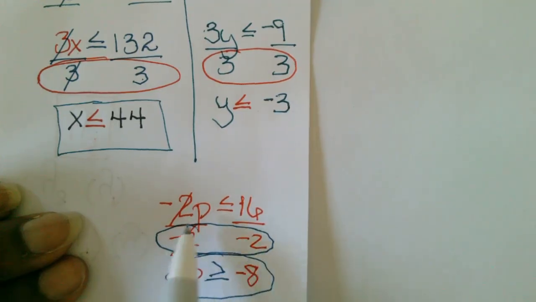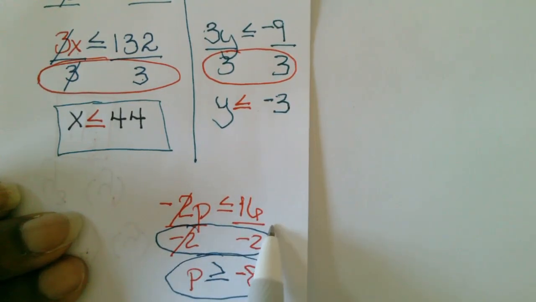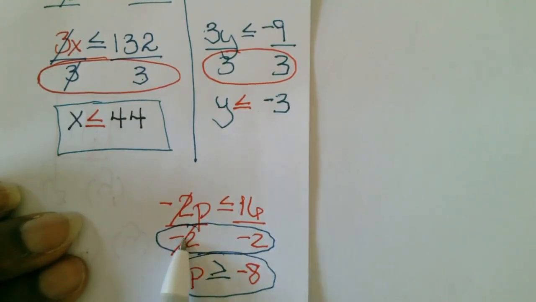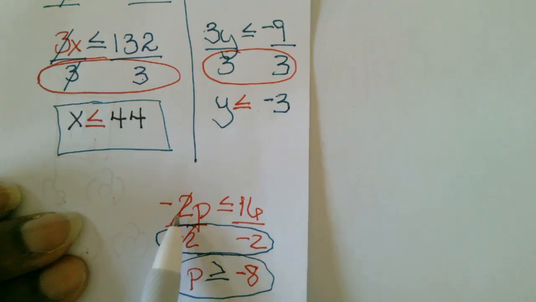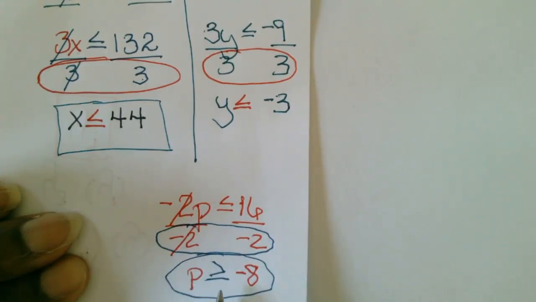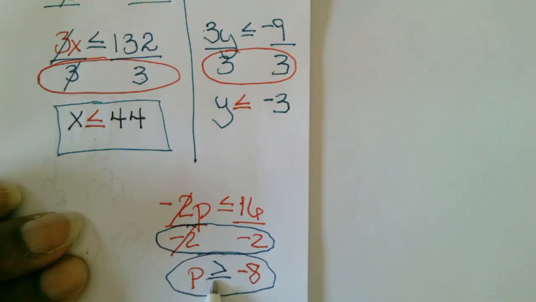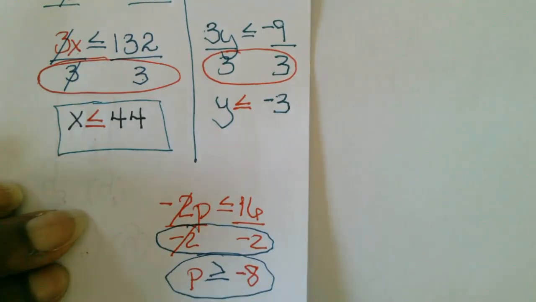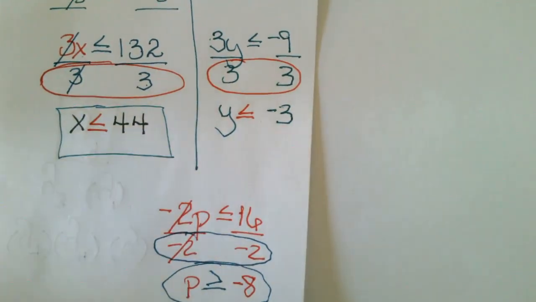High school equivalency, this is a 2-point question right here. So you don't want to lose out on anything. If the leading coefficient is negative, there's a great chance that you're going to be dividing. That means there's a great chance you've got to flip that inequality sign.